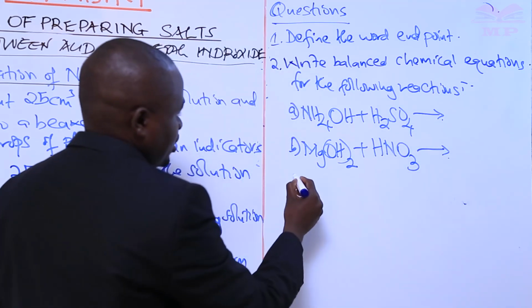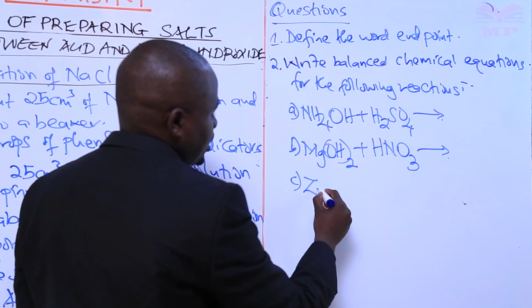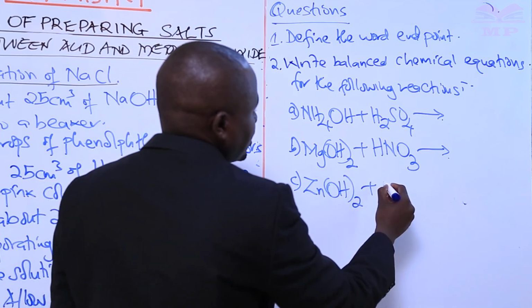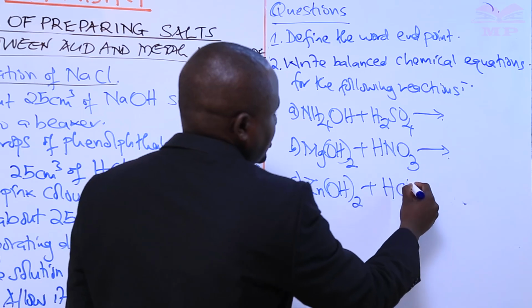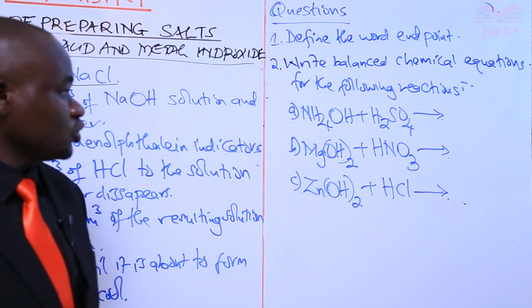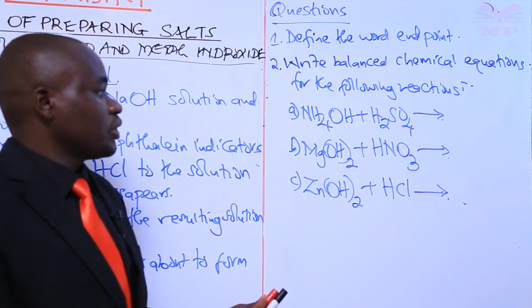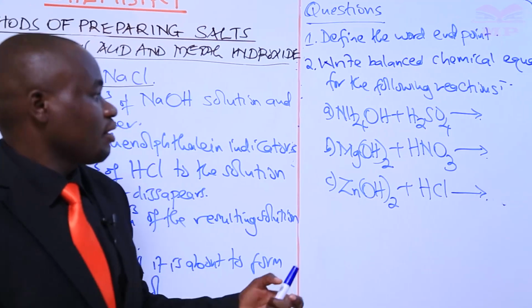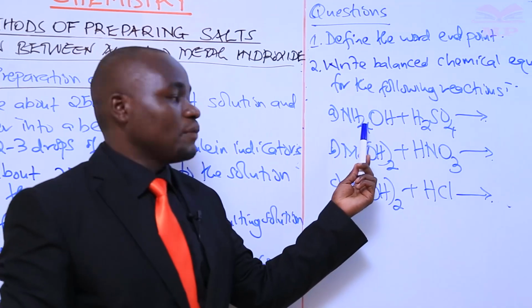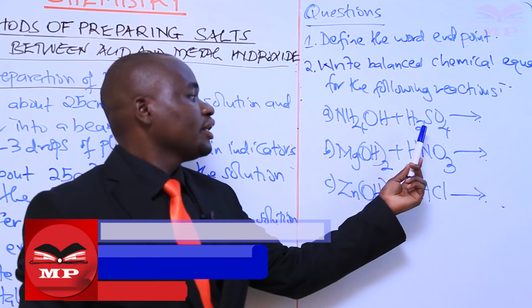Maybe one more is zinc hydroxide reacting with hydrochloric acid. Try and write those equations. They just give you a summary on what you have learned today, that we can prepare salts by reacting a metal hydroxide and an acid.